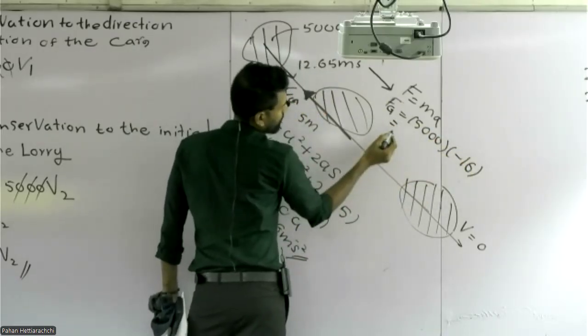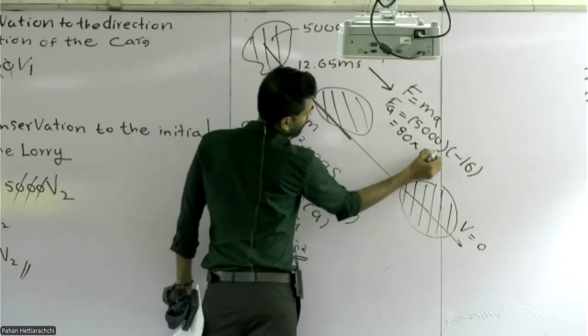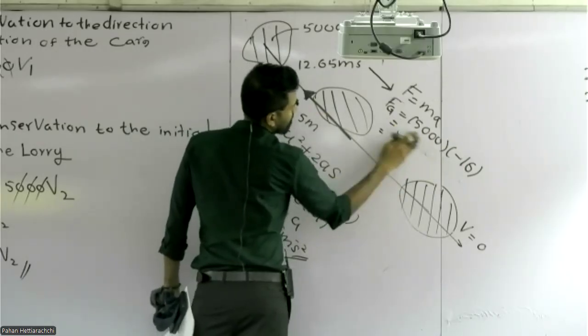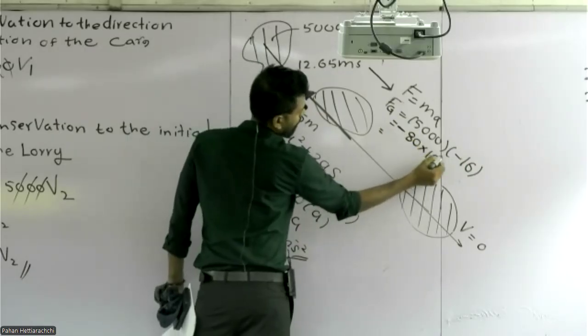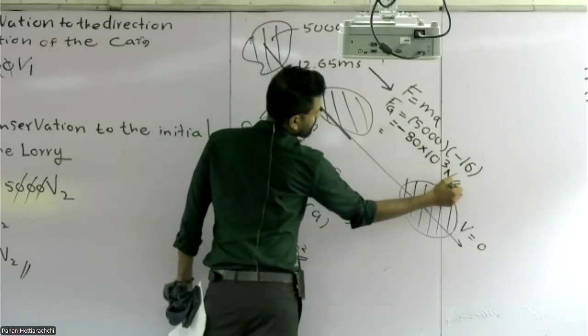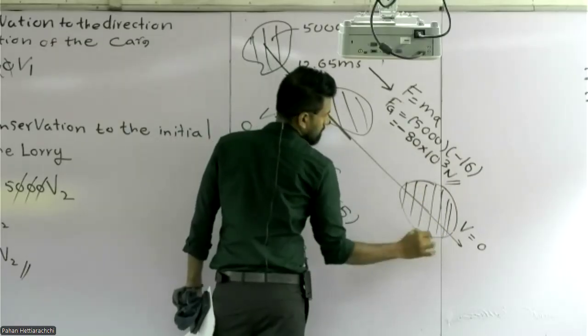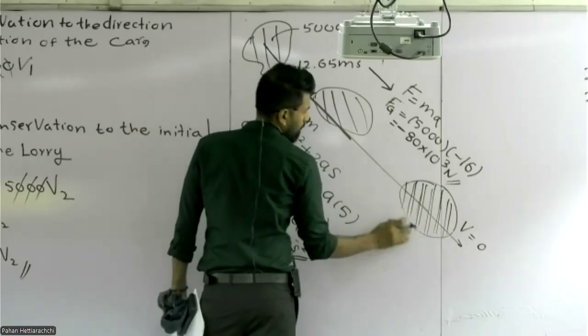So Fg is equal to minus 80 into 10 to the power 3 newtons.